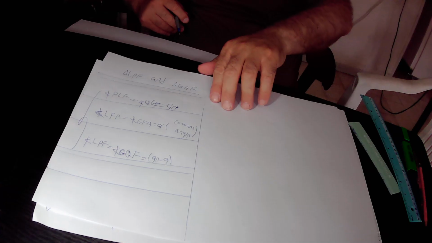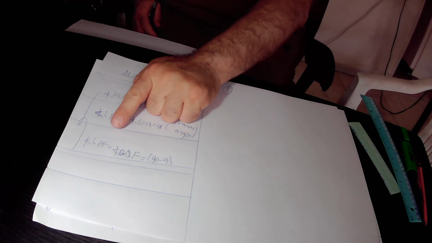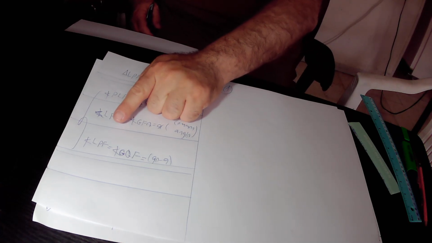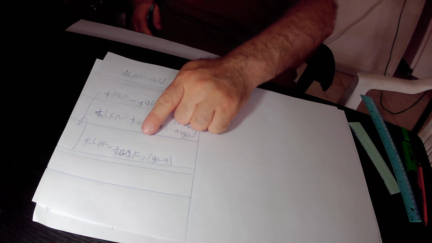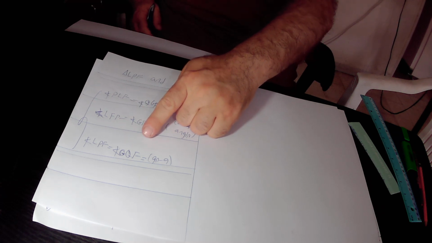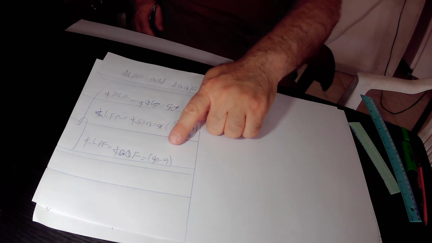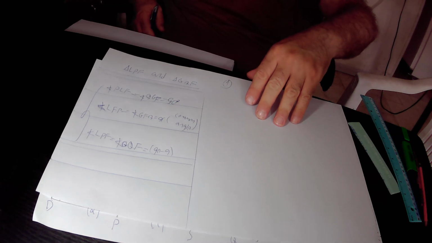Again, we found that angle LPF in the big right triangle equals angle GQF in the small right triangle, they are equal to 90 degrees minus alpha, therefore they are equal to each other.